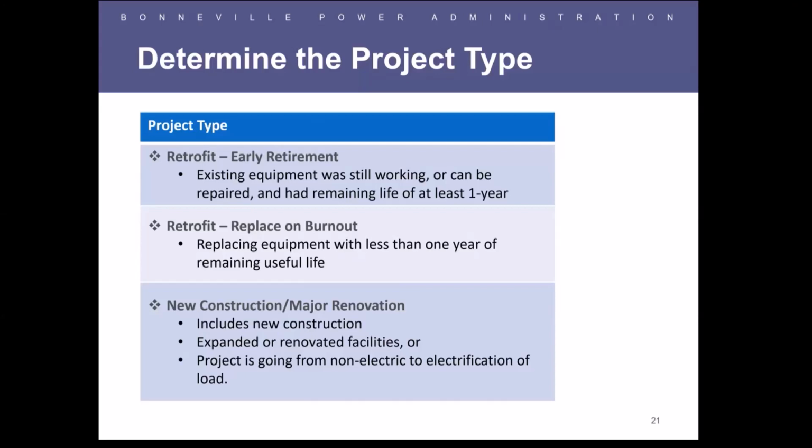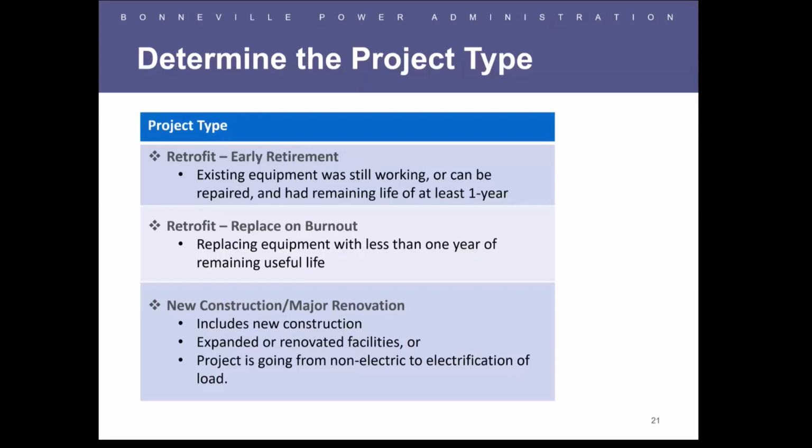So we have retrofit early retirement. If that existing equipment is still working and has potential to still work for another year or so, and that's a voluntary replacement project, that is early retirement.